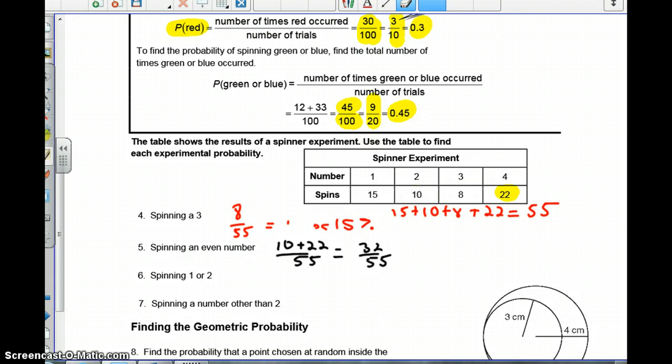A 1 or a 2 is going to be 15 and 10. So 15 plus 10 over 55 is 25 over 55, which reduces to 5/11.